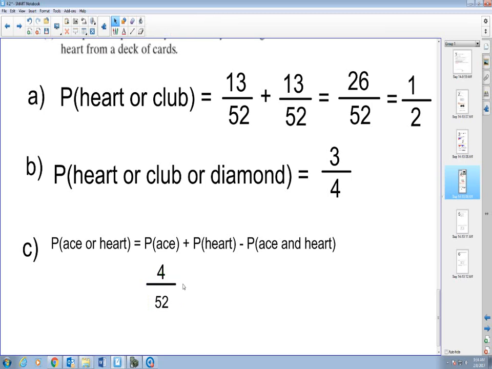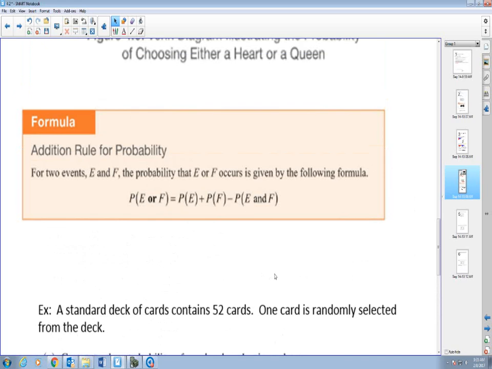Plus the probability of choosing a heart, which is 13 out of 52. There are 13 ways to choose a heart out of 52 possible outcomes. So right now I got 17.